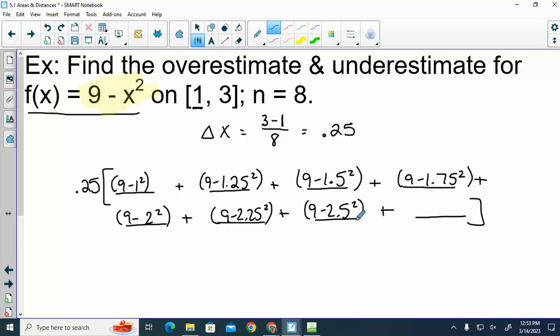And the last one we plug in will be 2.75. So let's put this in and see what we get.